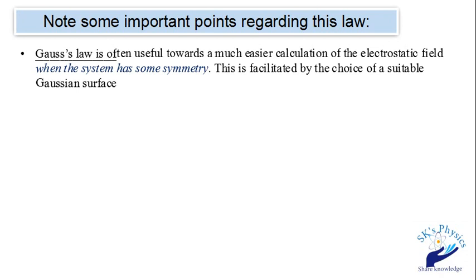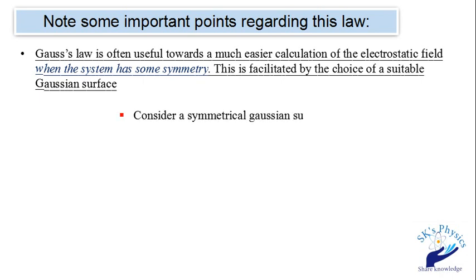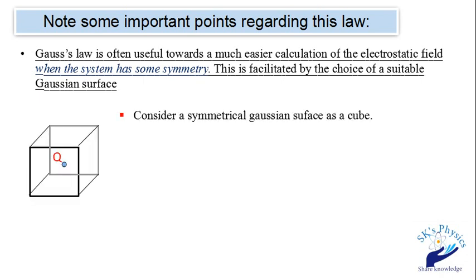Gauss law is often useful for a much easier calculation of the electric field when the system has some symmetry. This is facilitated by the choice of a suitable Gaussian surface. Consider a symmetrical Gaussian surface such as a cube.